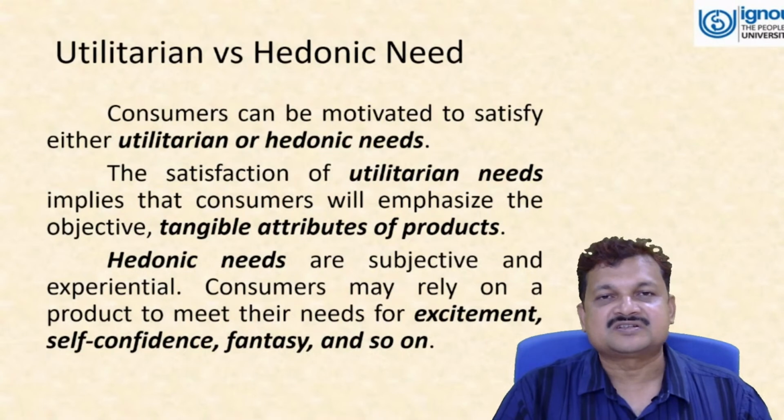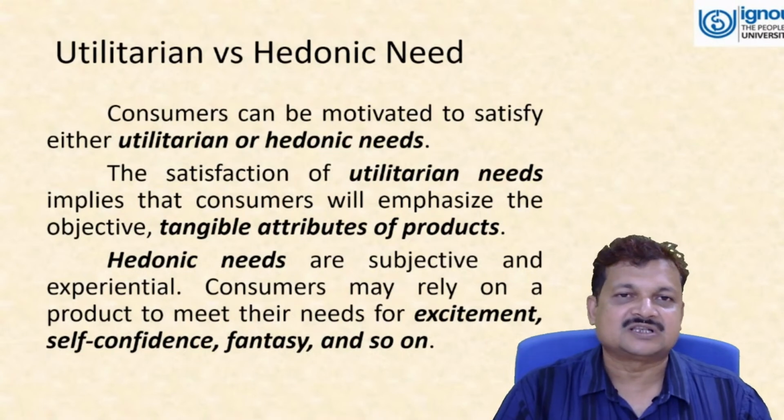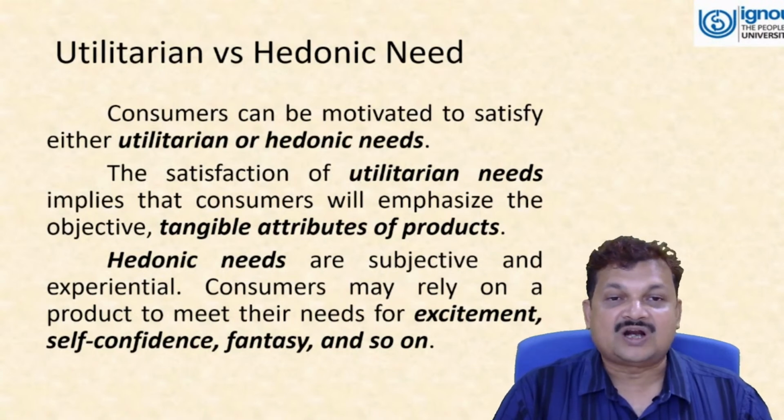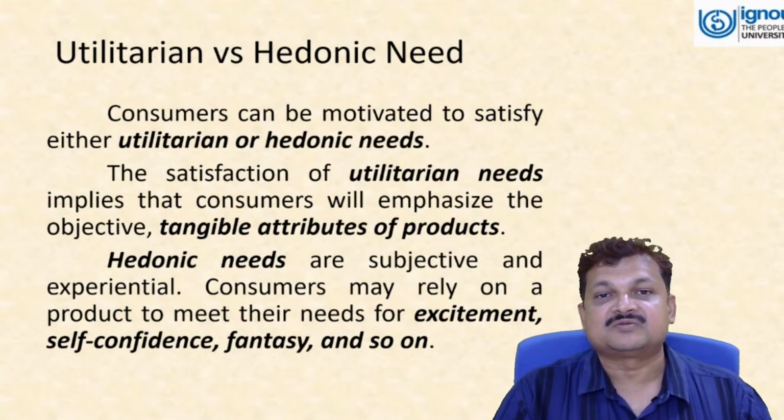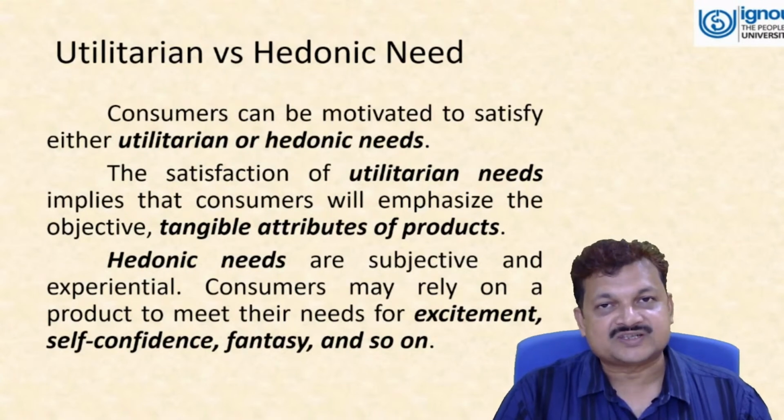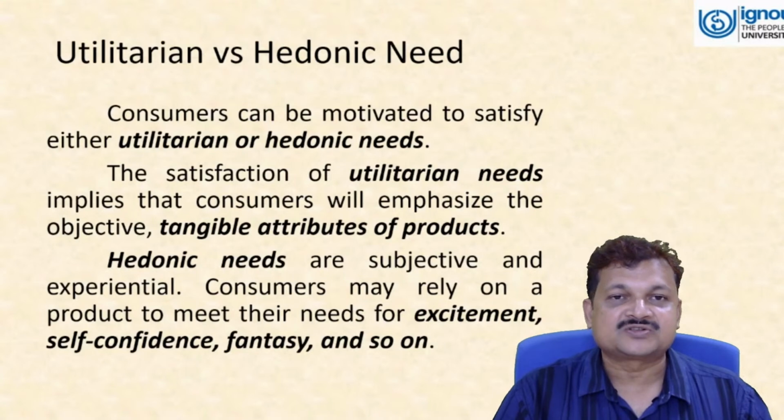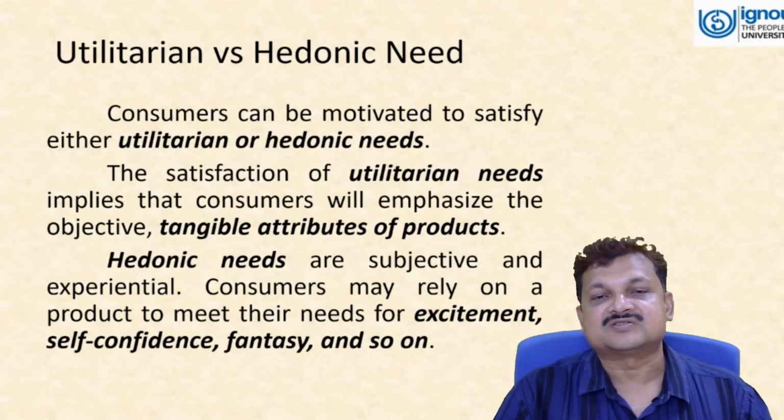You are going to analyze these features, and possibly compare competing brands. You select on the basis of which is the superior product with more facilities, more attributes, lesser price, then your utilitarian need will be fulfilled. So you are able to purchase.